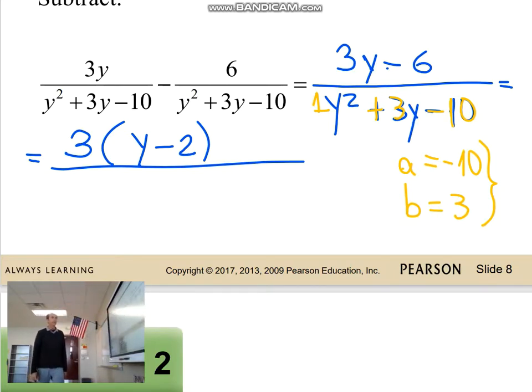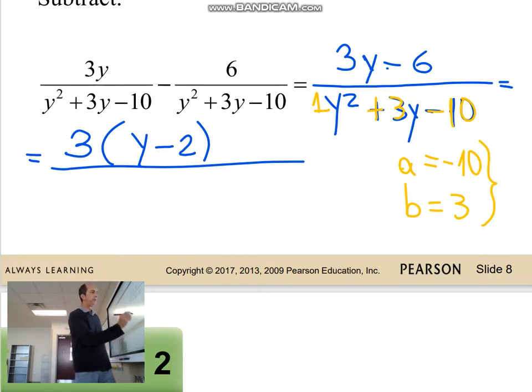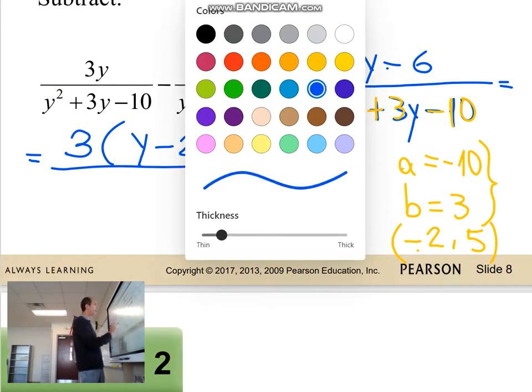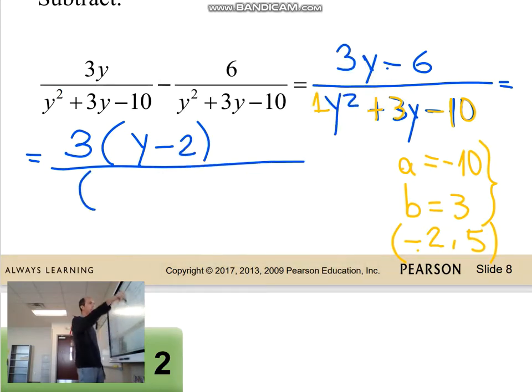Let's think a little bit. Maybe we can work with negative 2 and 5. Negative 2 times 5, negative 10. Negative 2 plus 5, 3. Yes. So we can factor it. Instead of this whole thing, we can write y minus 2 times y plus 5.